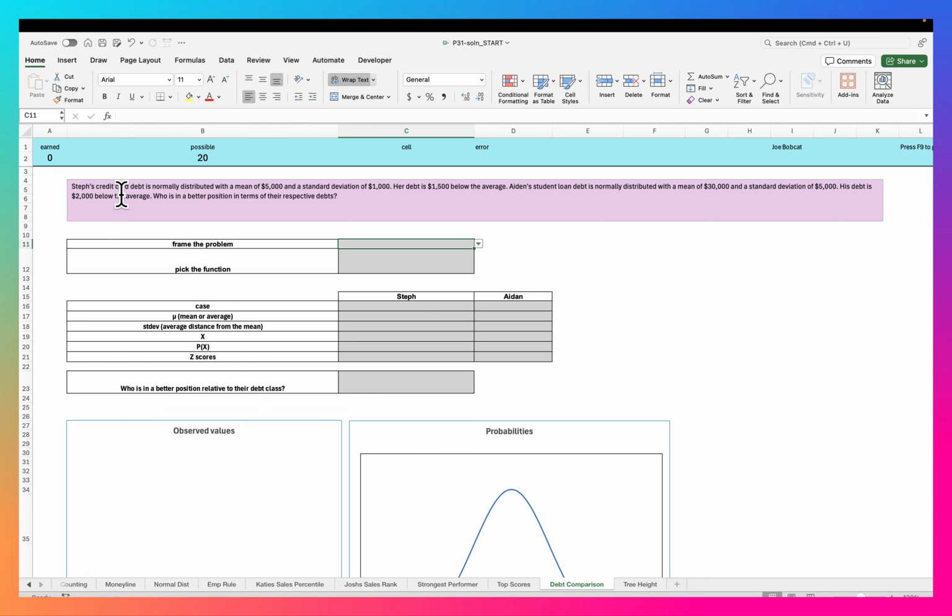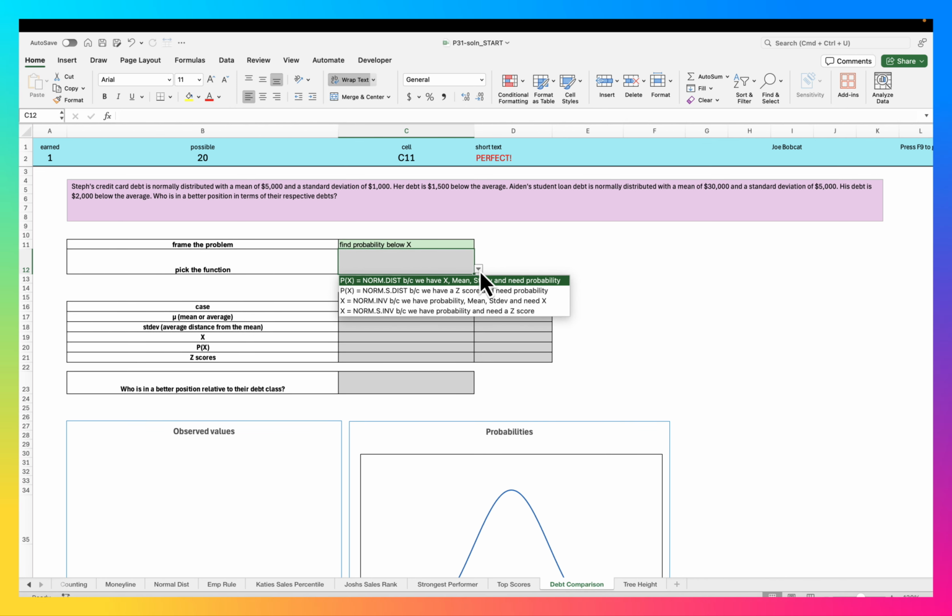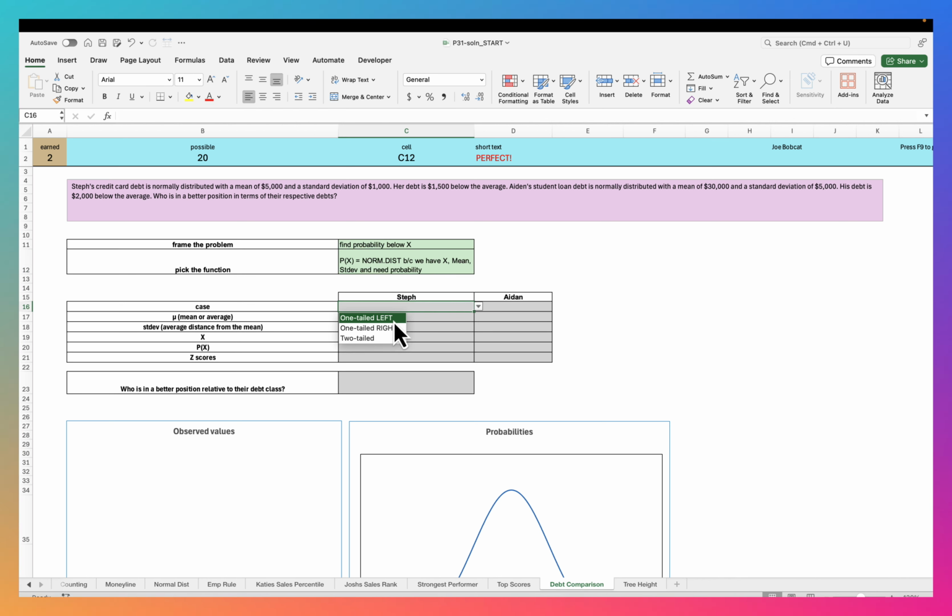So now you're comparing credit card debt to student loan debt, which seems like a strange comparison, and the numbers are very different in absolute scale because student loan debt is usually much bigger. But we can still compare everyone relative to their own debt class. So who's in the better position? It's probability below x, norm.dist, one tail left for both.